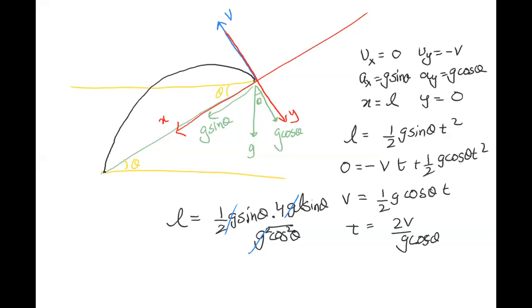Oh, v square is 2gl sine. Oh, sorry. GL sine.